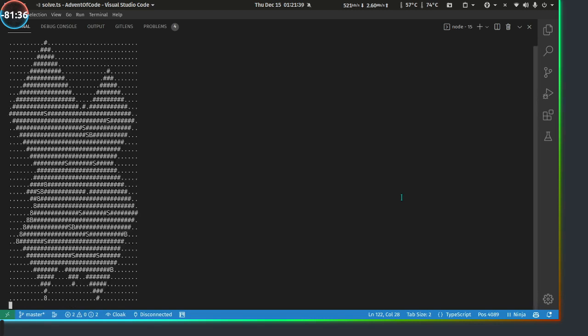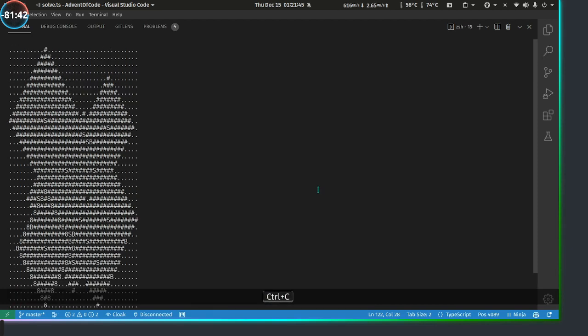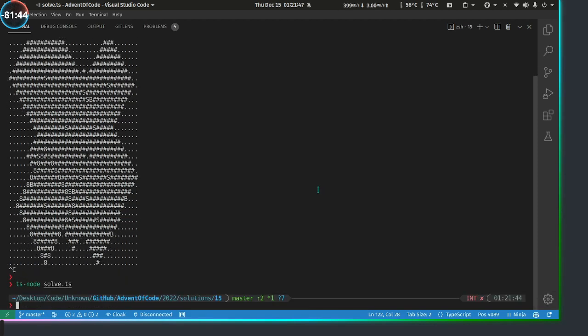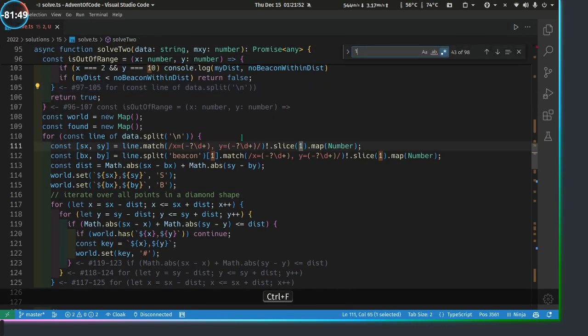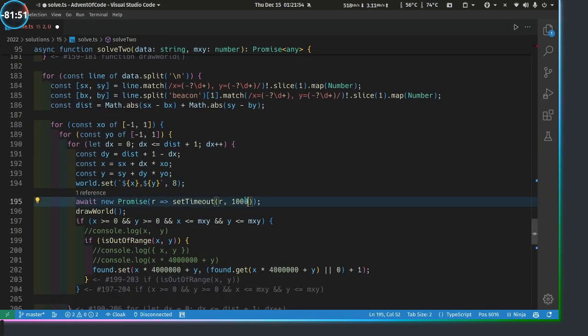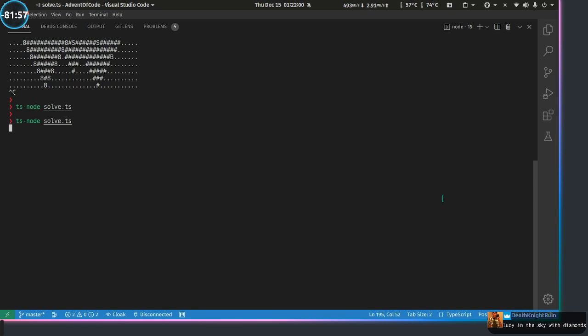Please fit in the terminal. Dang it. That's too freaking tall, which means we need to add a higher delay. My brain to follow. Lucy in the Sky with Diamonds, yeah.